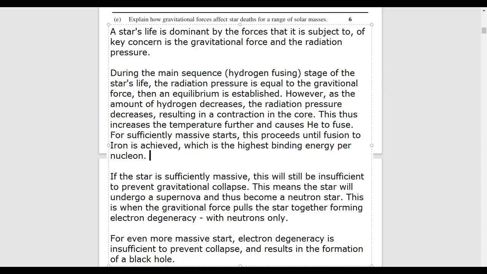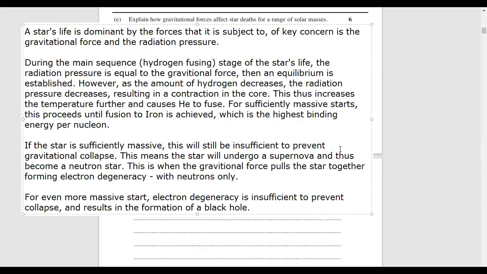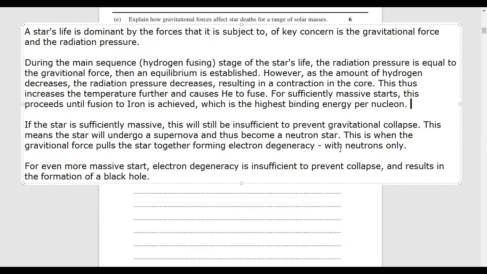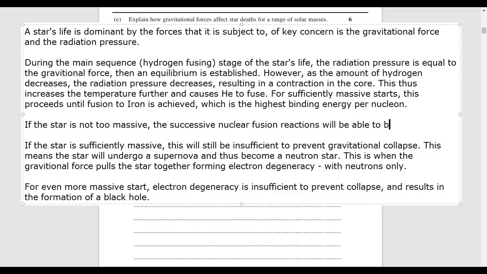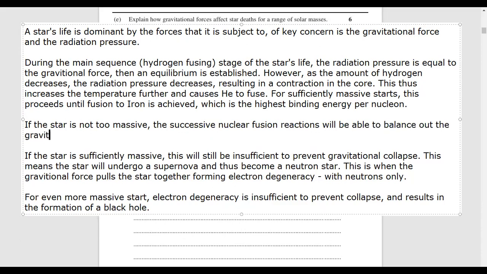Basically, if the star is not that big, let's expand this a little bit. If the star is not too massive, the successive nuclear fusion reactions will be able to balance out the gravitational force.